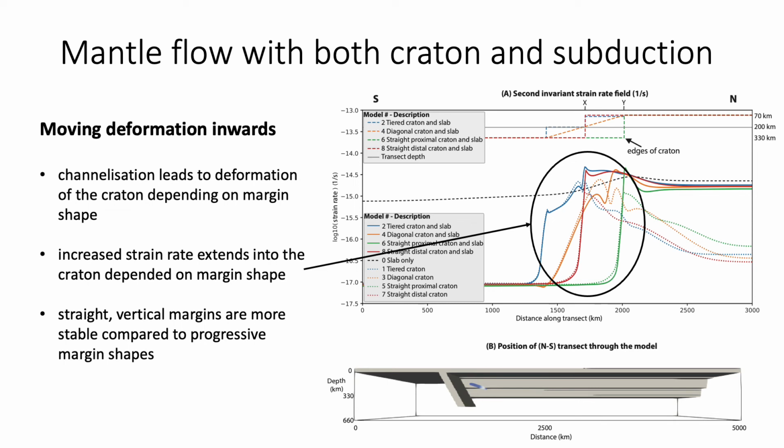However, we see a very distinct drop in both the straight distal and proximal margin geometries. So this implies that increased strain rates extend into the craton depending on the margin shape, and that the straight vertical margins are more stable compared to progressive margin shapes.